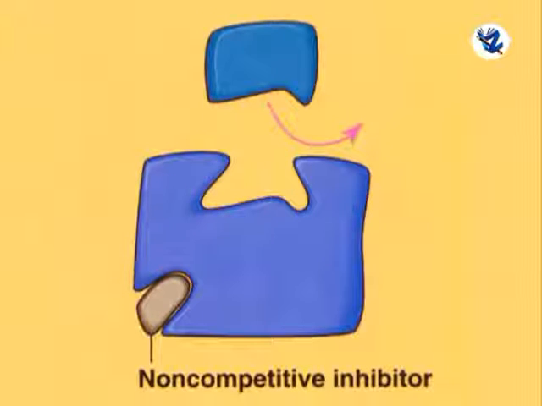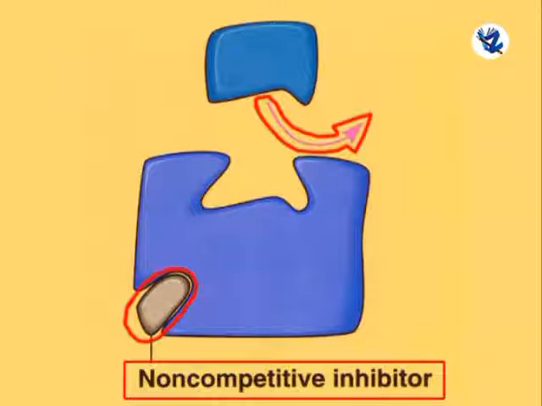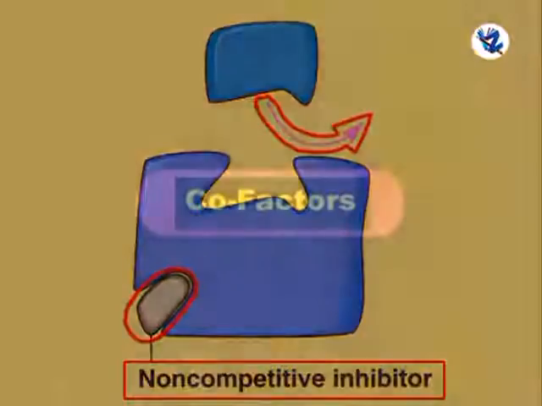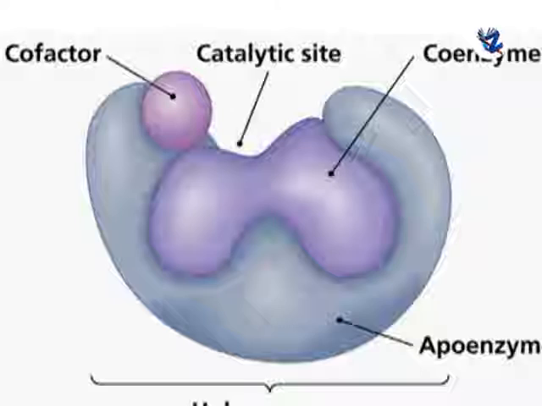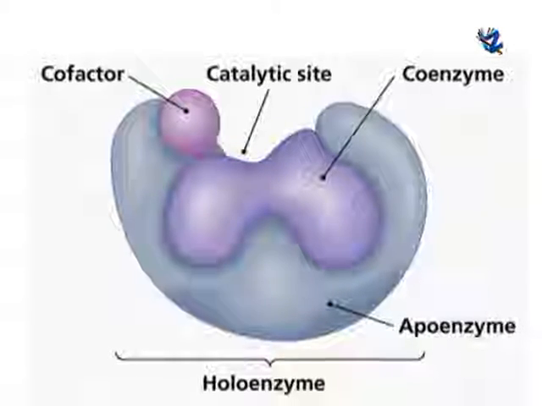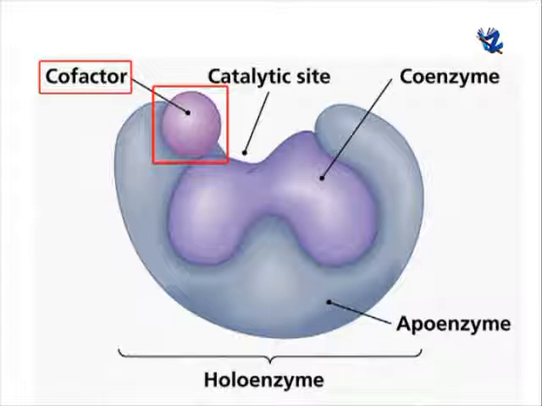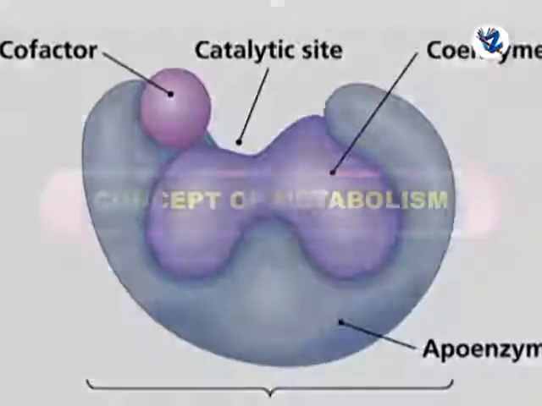Poisons like cyanide do not bind with enzyme at substrate binding site but bind at some other site and inhibit the activity of an enzyme, and such substances are called non-competitive inhibitors. Then cofactor. To make an enzyme catalytically active, it needs some non-protein constituents called cofactors. The prosthetic groups are those cofactors.